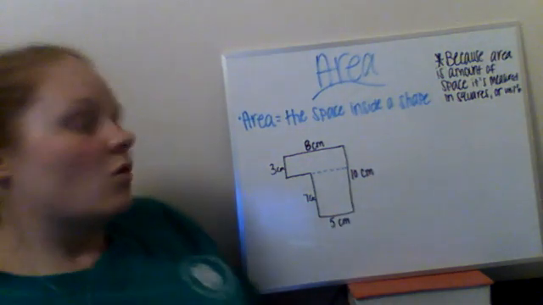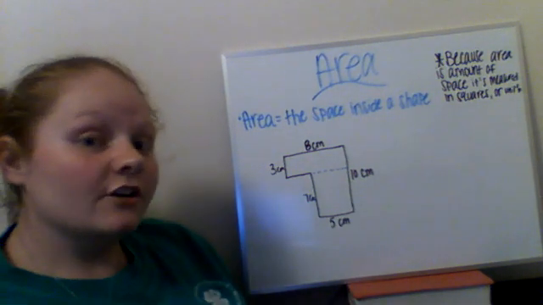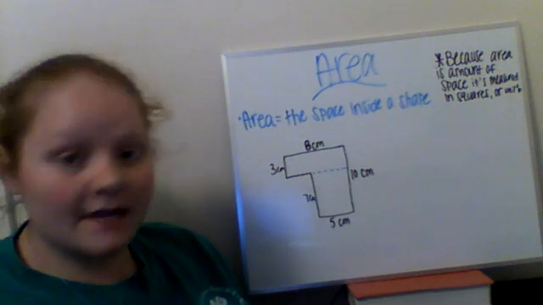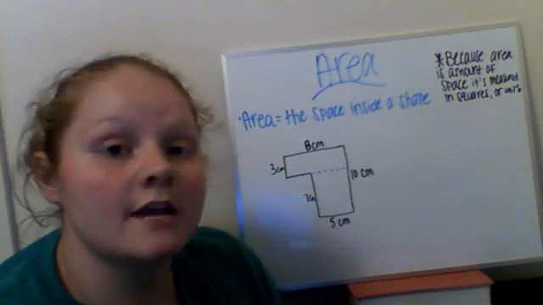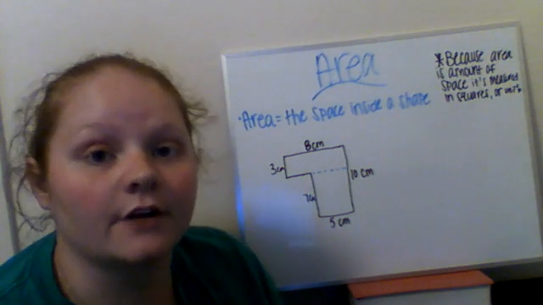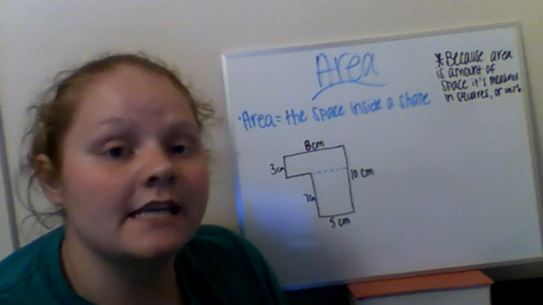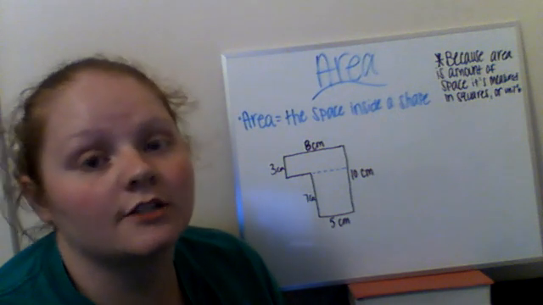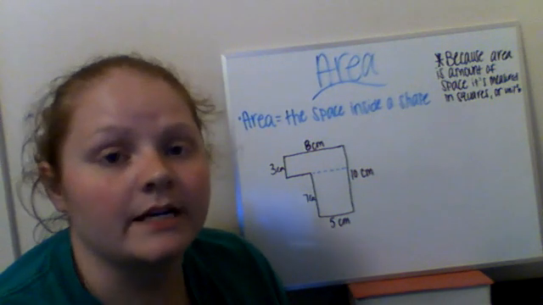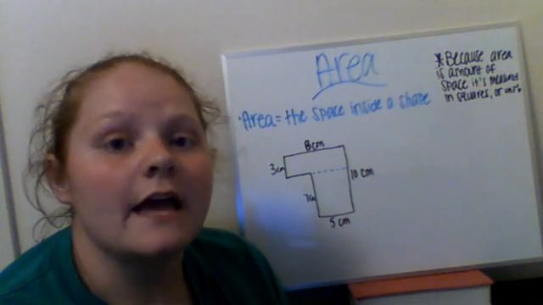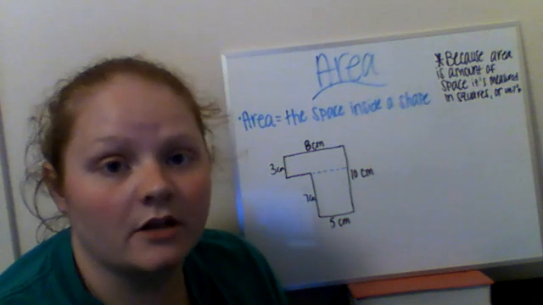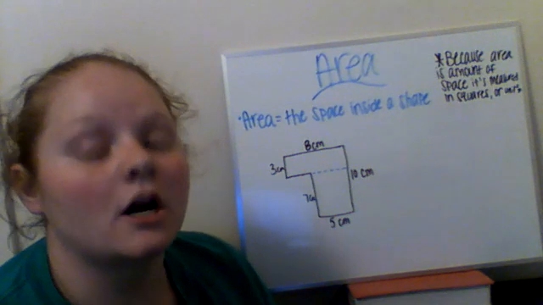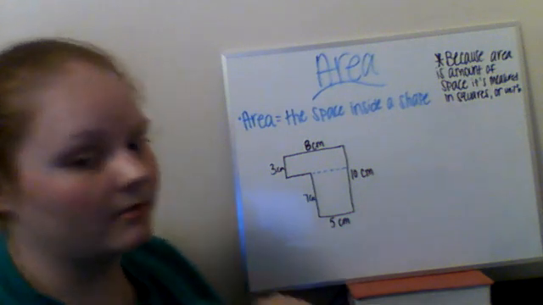When you're working with a figure that has different polygons, my best advice for you is to work with shapes that you know the area formulas for. So in this problem, I split this figure into 2 polygons, a rectangle and a square, because I know my rectangle area formula and my square area formula. Really easy. So this is going to make my life easier on figuring out the answer of this problem.